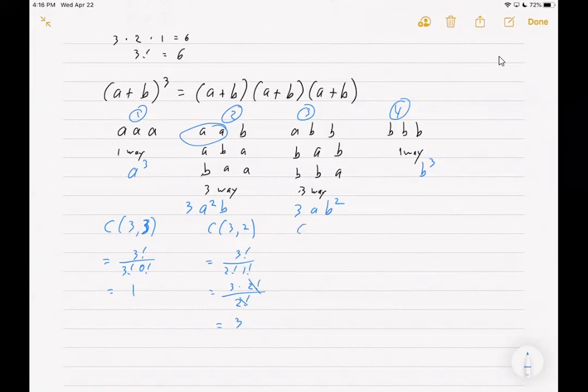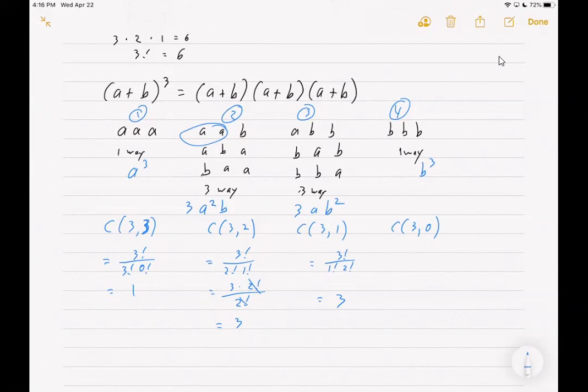Now, if we keep going, this would be three things, but we only have one A this time. And the last one would be, we have three things and we're choosing 0 A's. If we look at that, that would be 3 factorial over 1 factorial times 2 factorial. Well, we can see that's exactly going to give us the same answer as the previous column. Choosing 1 A means we have in fact chosen 2 B's.